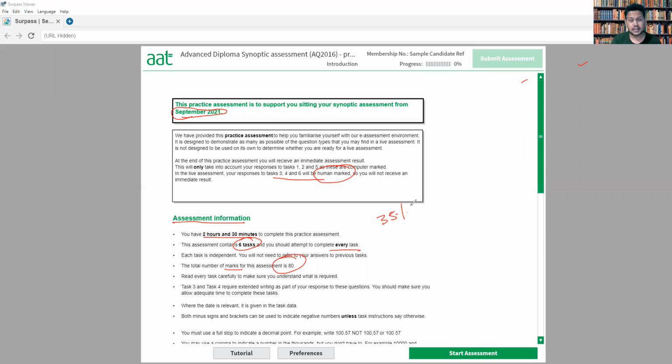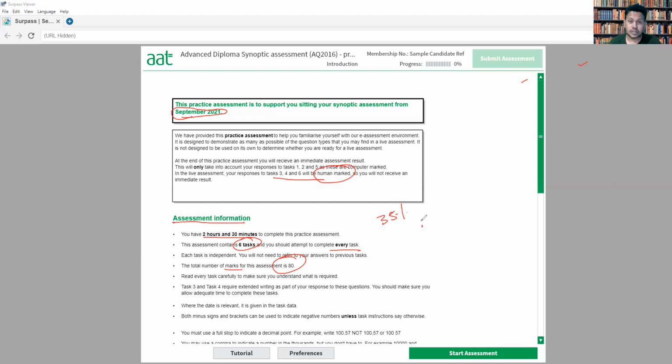It is the same as before, like you have to use the brackets, or you have to use the minus in order to show the minus sign or the negative mark. You need to put the point, the full stop, in order to show the pence after the number. So all of this is very common for us because we have done a few papers already.